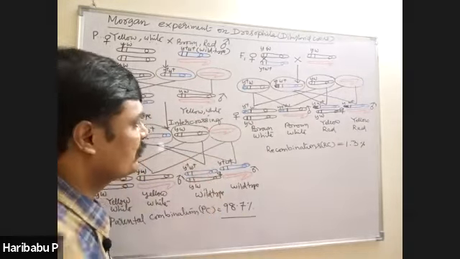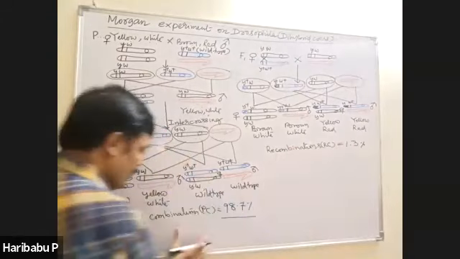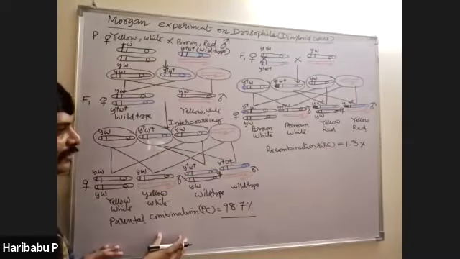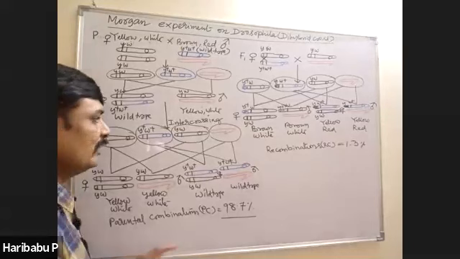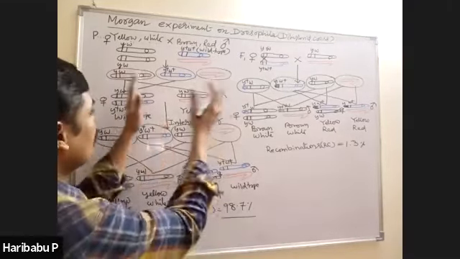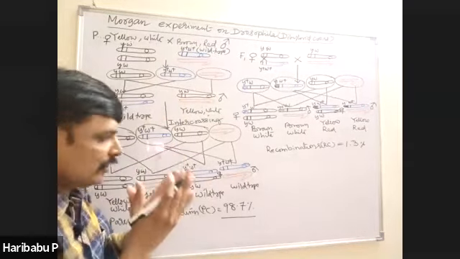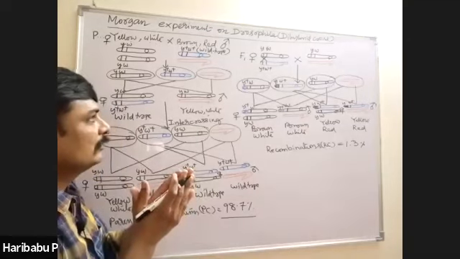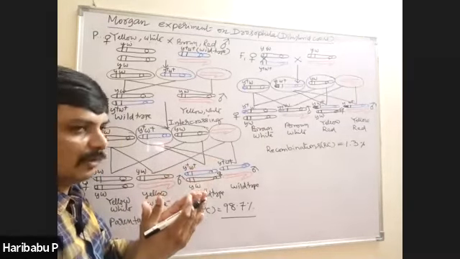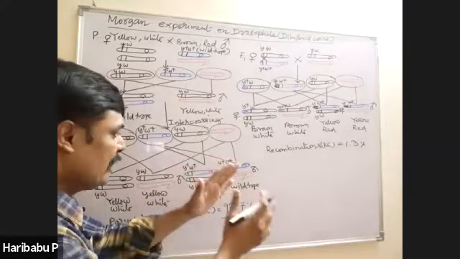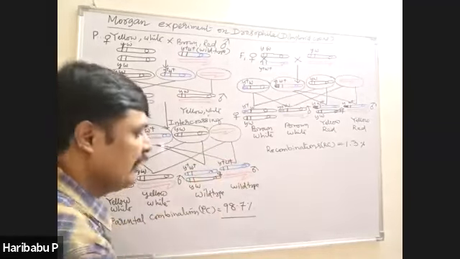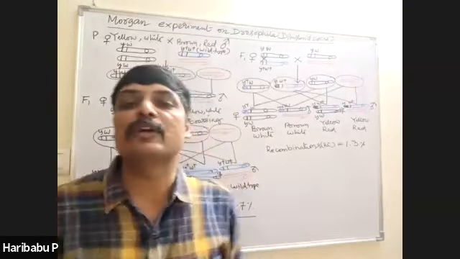These are the recombinations. These are the parental combinations. So finally, when this cross is made by Morgan in Drosophila, which represents a dihybrid cross, significantly the results deviate from a Mendelian dihybrid cross.